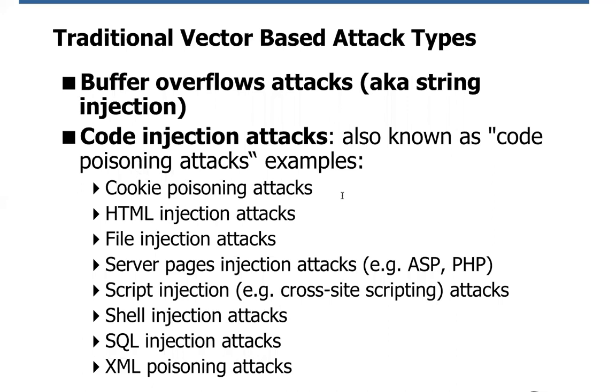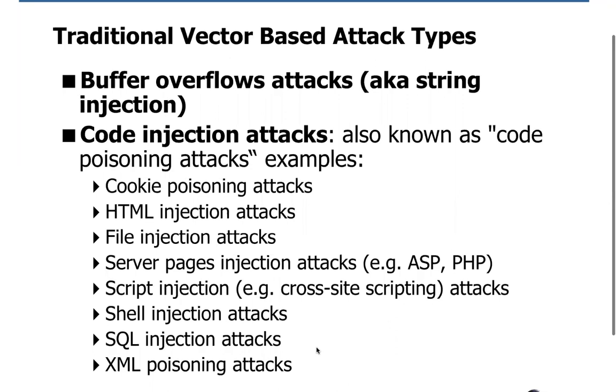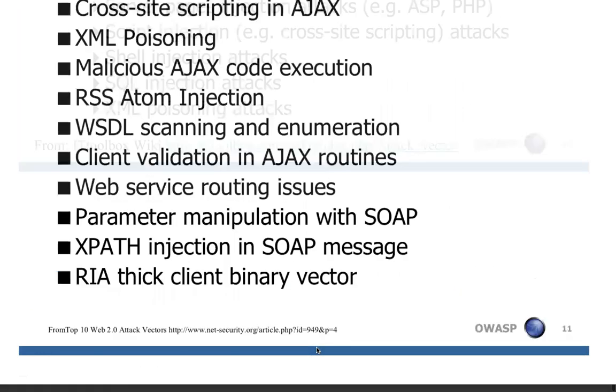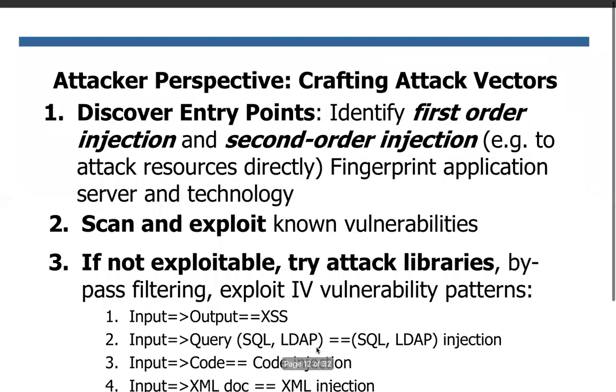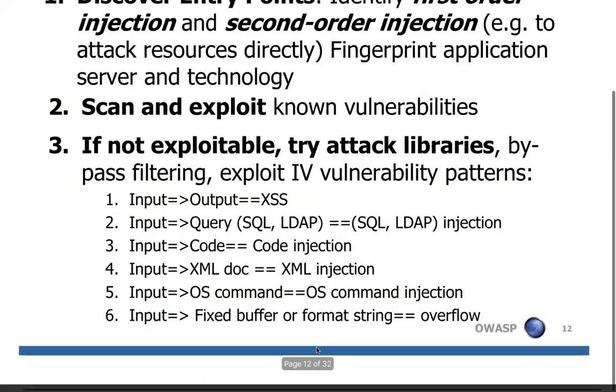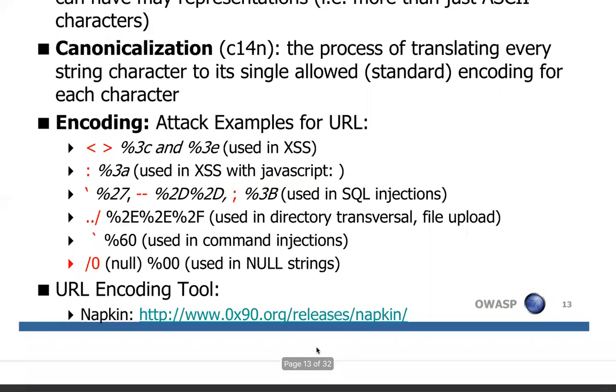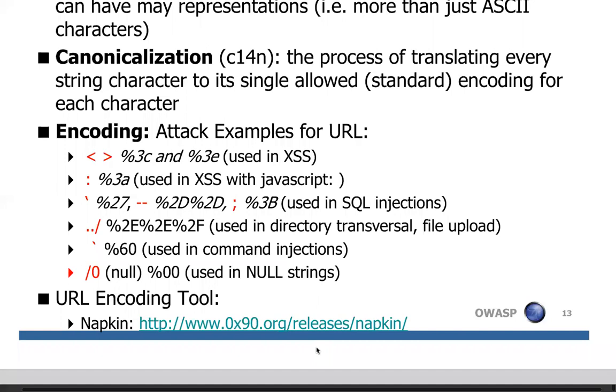It covers cookie poisoning and these injections, diving into how they are formulated, the SQL injection and the XML poisoning attacks. It is going to introduce you to all these attacks. You can read it and get an understanding. Please, any questions so far? It's 32 pages, so you can use about 10 minutes to go through all of this. These are all attacks, with examples of code.